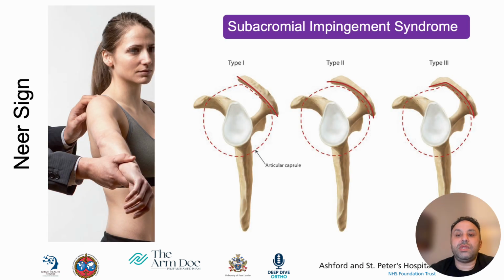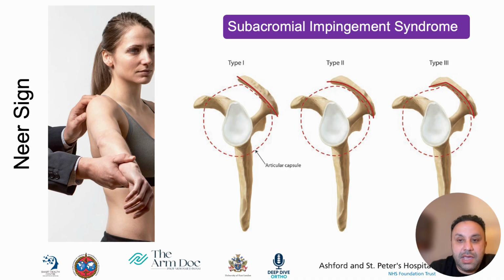And then we need to do special tests. Special tests either test for tendon power, so if the tendon is weak, that means it's torn, or you support and correct a deformity, and that tells you that the tendon is not working.